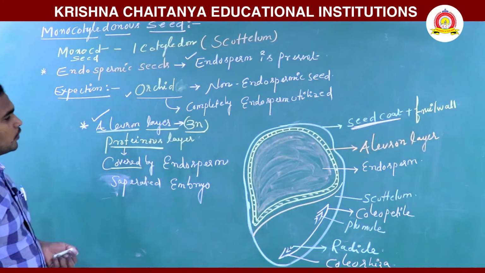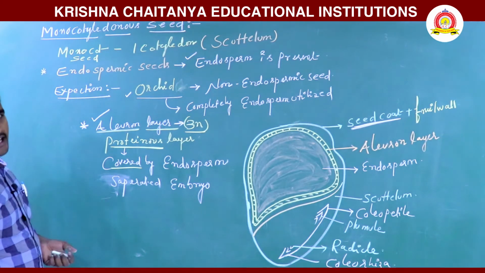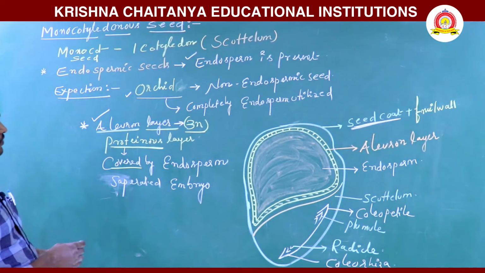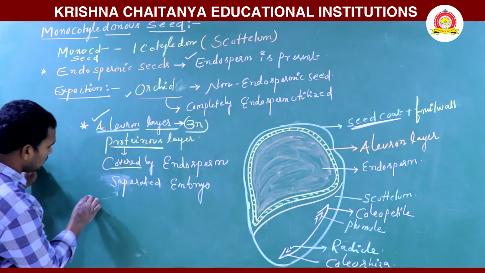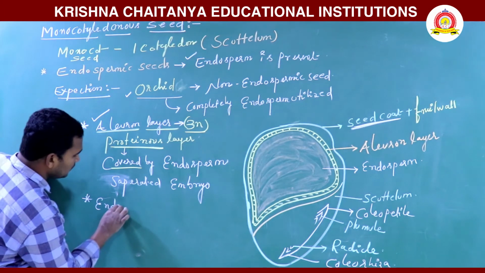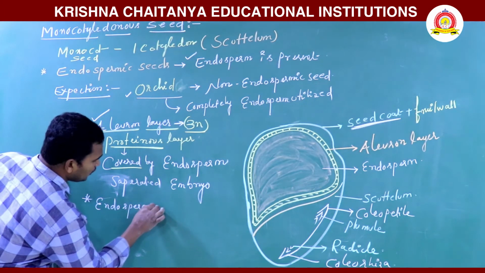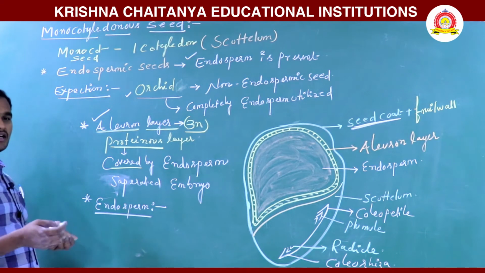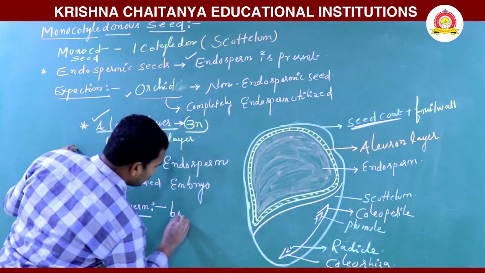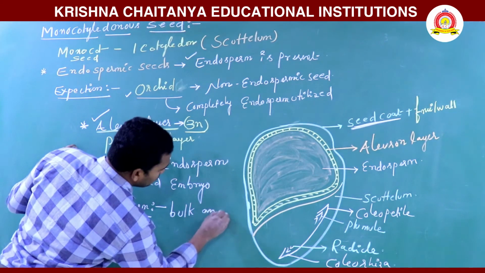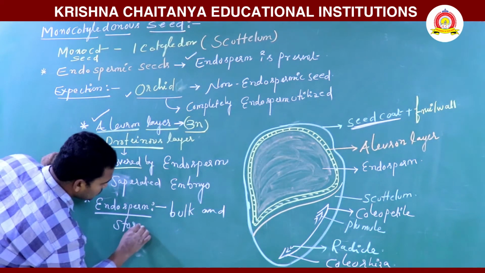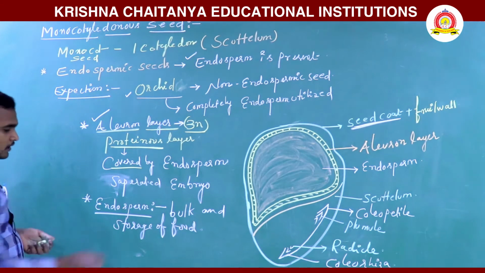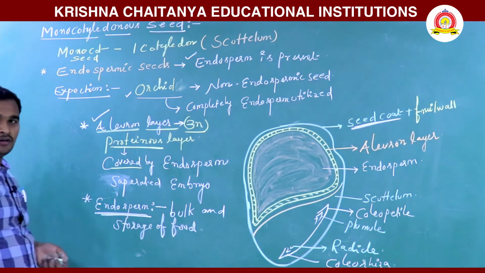Next is the endosperm, a bulk storage of food material. Endosperm is a nutritive tissue.